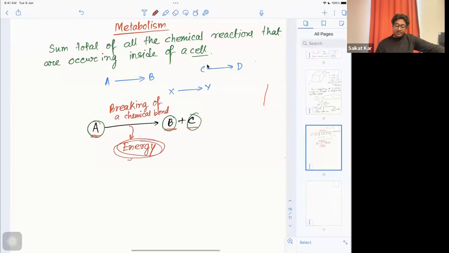So when a lot of energy is released, the Gibbs free energy of B plus the Gibbs free energy of C is still very much less than the Gibbs free energy of A, because a lot of energy has been released because the bond has been broken.